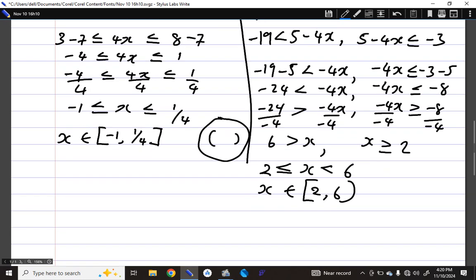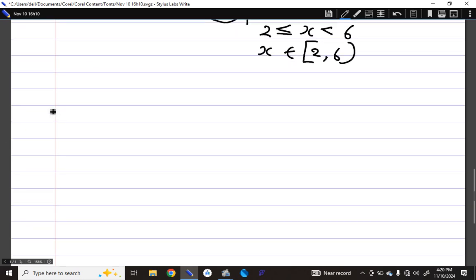Question number 5. So for question number 5, we have that minus 4 is less than or equal to 3 minus 7x, which is less than or equal to 17. So let us separate again the way we did before.